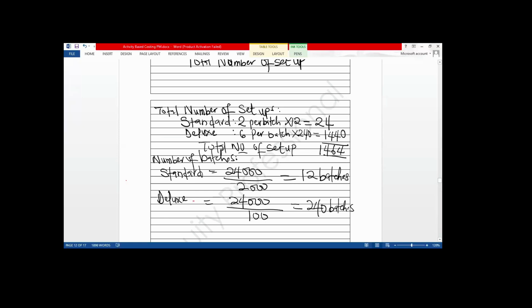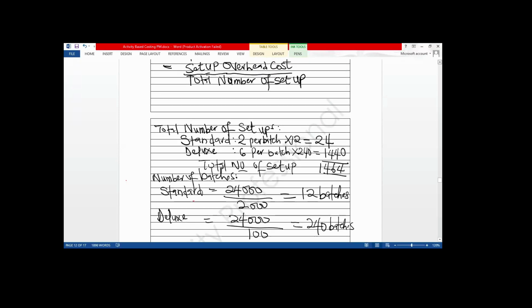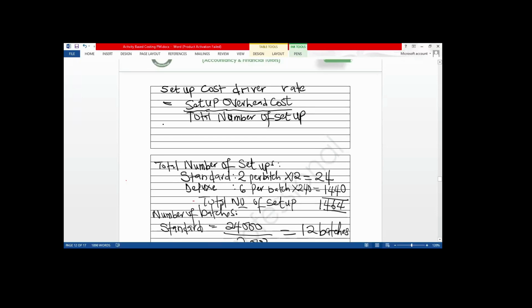Total overhead of setup, 585,600, divided by total number of setup, 1,464.